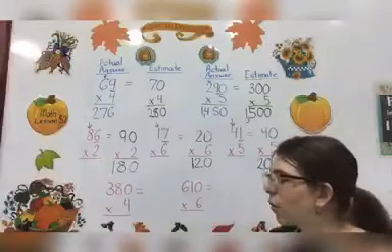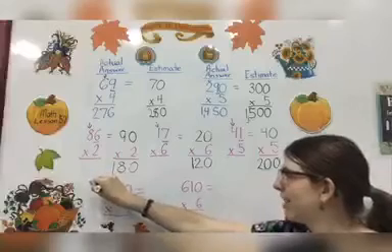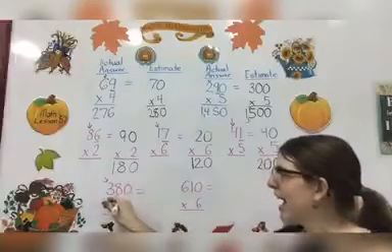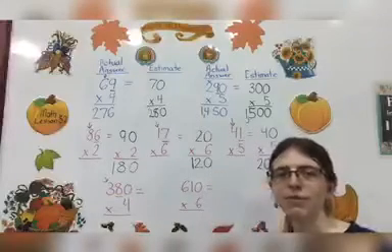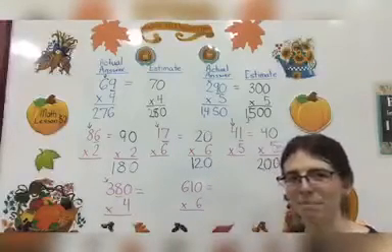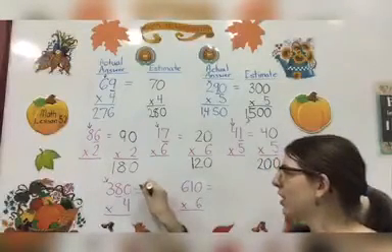380 times 4. Well, this has 3 digits, so we round to the hundreds place. Always it's the last place. The 8 tells us what to do. Do we round our 3 up to 4, or do we keep it the same at 3? We round it up to a 4. Very good.